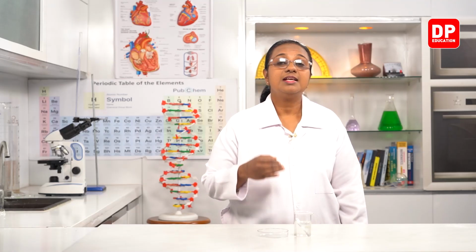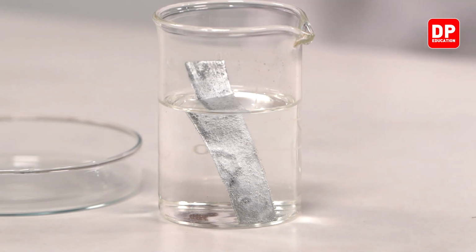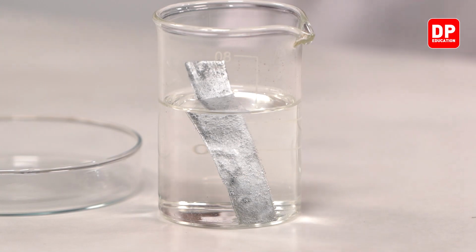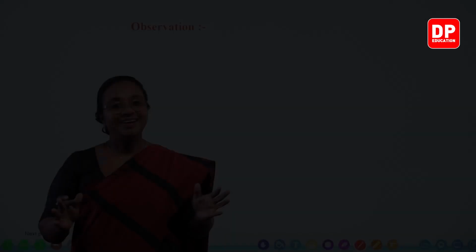That is because the zinc plate or the zinc metal dissolves. So here zinc is dissolving and hydrogen gas is being evolved. So those are the changes taking place in this particular system. And this system where we put a metal into an acid is known as an electrode. So this is a zinc electrode.